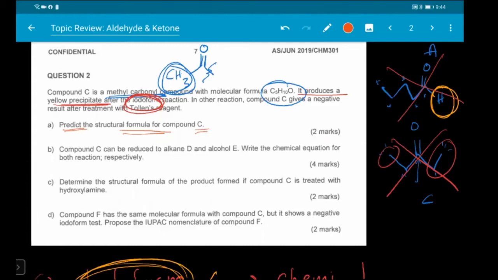Okay, ada apa-apa soalan? If you don't have any question, you can just click no. Boleh respon ikut speaker ke apa semua.